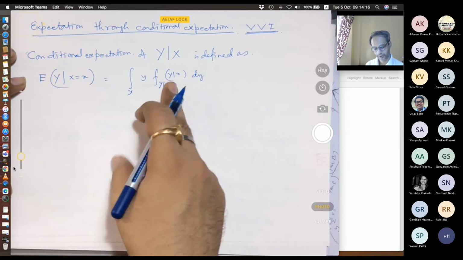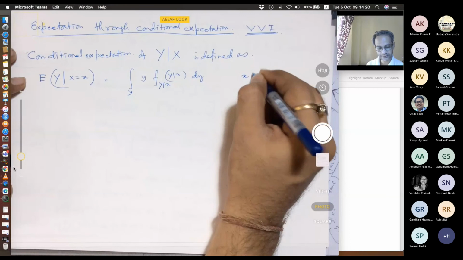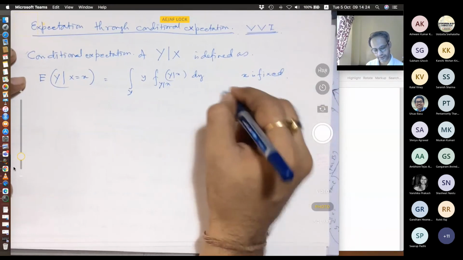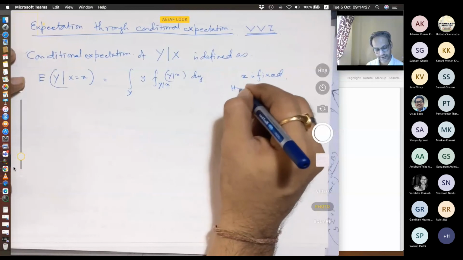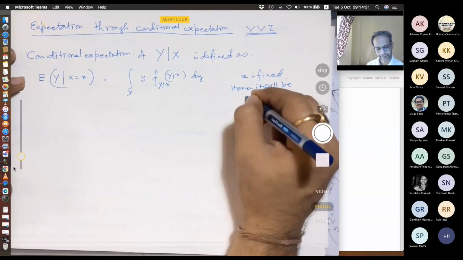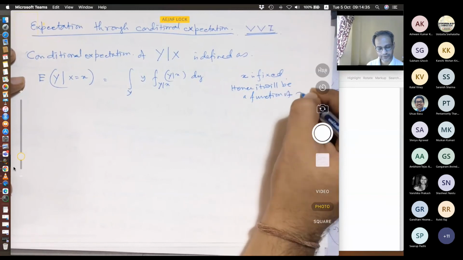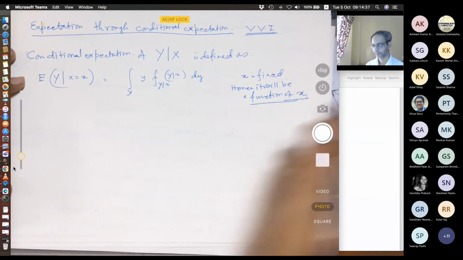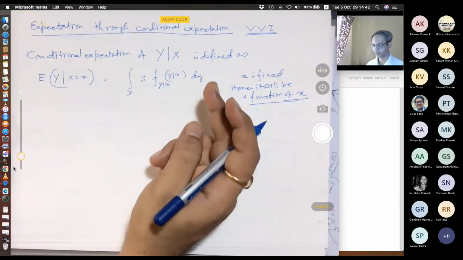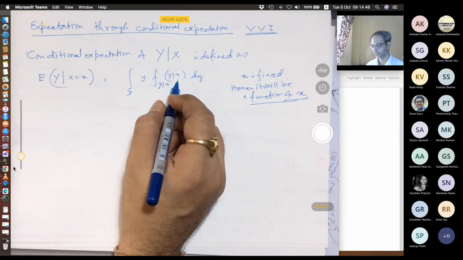Here small x is fixed, and it will be a function of x. You do the integration with respect to y, and you are left with this small x, so it will be a function of x.